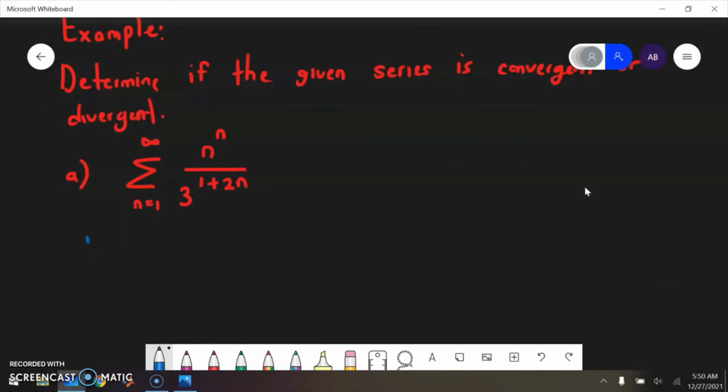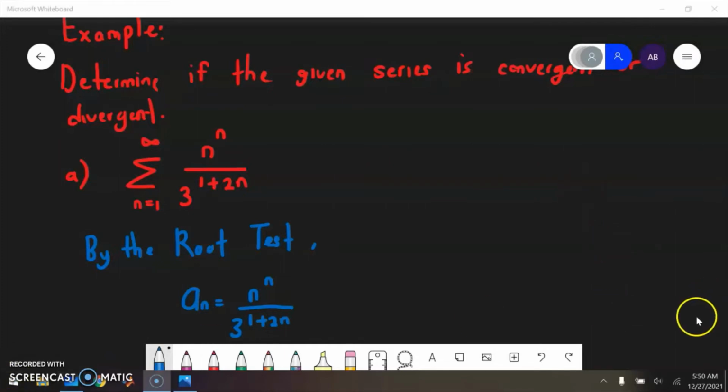So what we do, we say right here, by the root test. Please mention the test that you're using. By the root test, what is my a_n? This is my a_n. a_n equals n to the power of n over 3 to the power of 1 plus 2n.